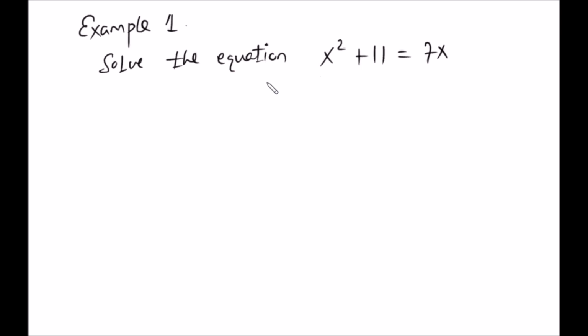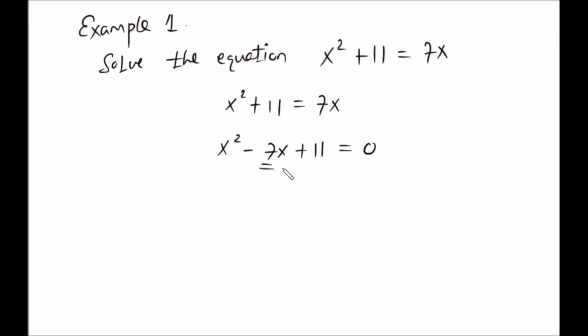Example 1 anasema solve the equation x squared plus 11 is equal to 7x. So tuna x squared plus 11 is equal to 7x. So 7x nikileta huku ni x squared minus 7x plus 11 sasa na 0.